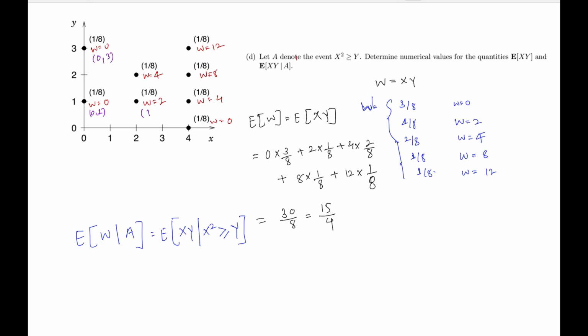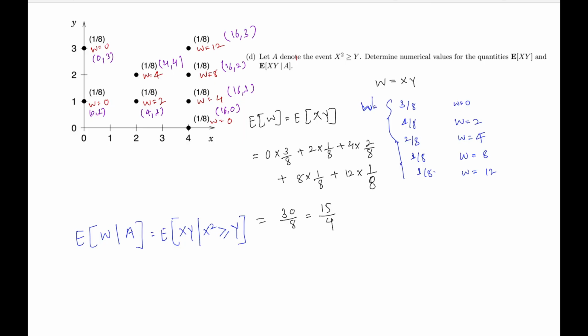Here x square will be 4, y will be 1. x square will be 4, and y will be 4. x square will be 16, y will be 0. x square will be 16, y will be 1. x square will be 16, y will be 2, and x square will be 16, y will be 3.